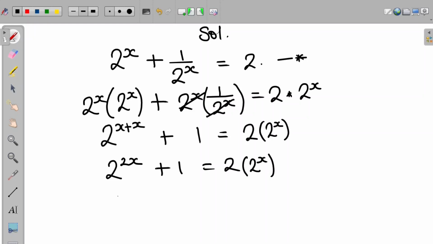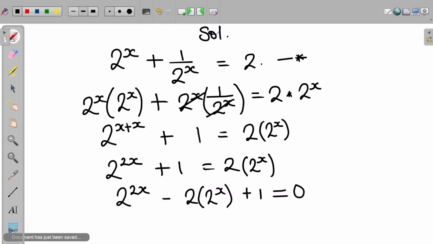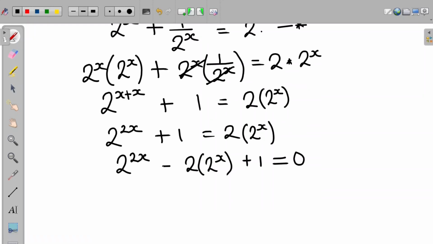This becomes 2 to the power of 2x minus 2 multiplied by 2 to the power of x plus 1 equal to 0. Now, this also can be expressed as 2 to the power of x, open up a bracket, to the power of 2.